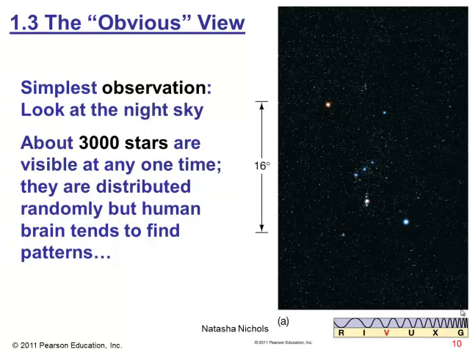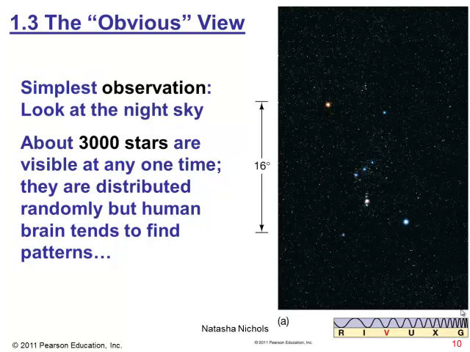Let's take a look at the obvious view. When we look up in the sky, our simplest observation at night, usually we can see, if it's not cloudy, about 3,000 or so stars at any one time. Now, these stars are distributed randomly, but the human mind in general tends to find patterns in what we see.